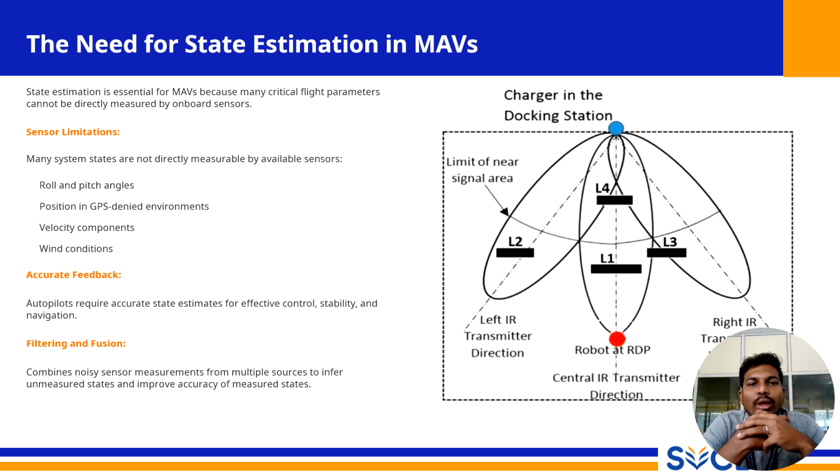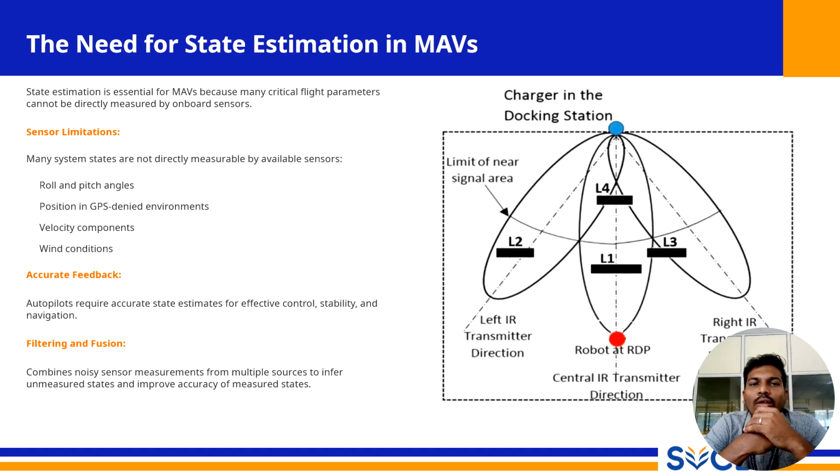In fact, many system states are not directly measured by the available sensors. For example, a drone has no sensor that directly measures its roll and pitch angles. Instead, we have to infer these angles by processing and combining data from the accelerometer and gyroscope.